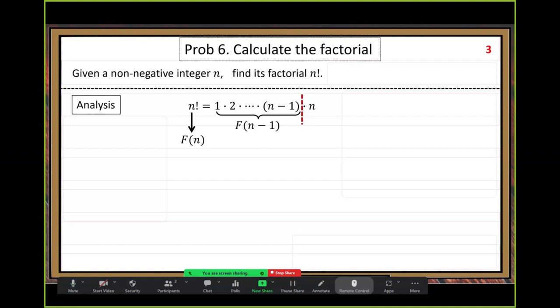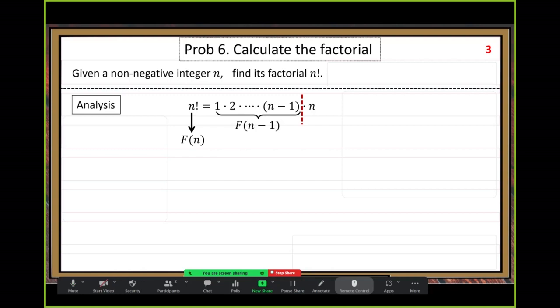After this divide step, for the first part of the data, the product of all these numbers, we can use our definition of the factorial. That is f of n minus 1, n minus 1 factorial. So we use the capital F function, f of n minus 1, to represent the first part operation on the data.